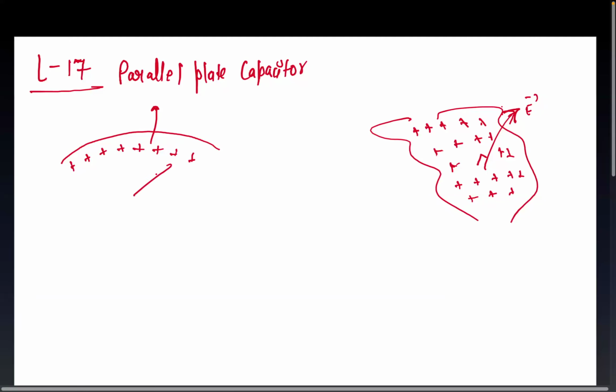So just assume this is what I have, a parallel plate. How should I calculate this? If electric field lines have this field, this will always... I can't hear you clearly.